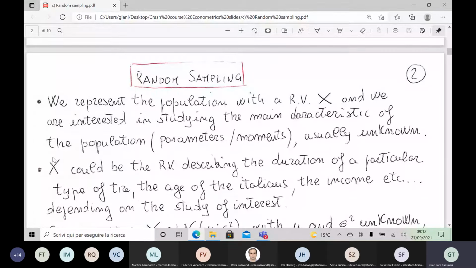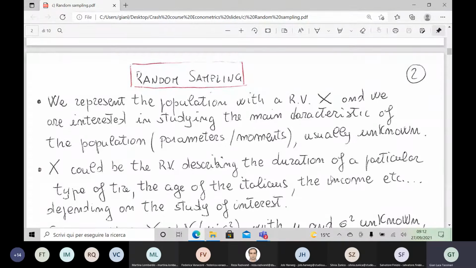So X could be the random variable describing the duration of a particular type of tire. We denote, for example, the population of the tires of a given brand by X, or the age of all the Italians is described by the random variable X. The income of all the citizens of Milan is described by a given random variable X. So X could describe the duration of a particular type of tire, the age of the Italians, the income, etc., depending on the study of interest.